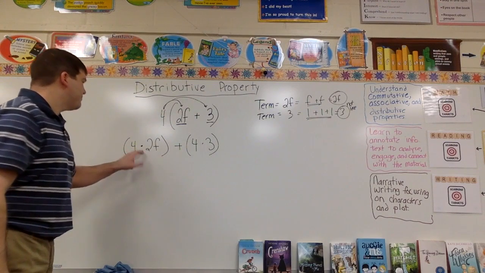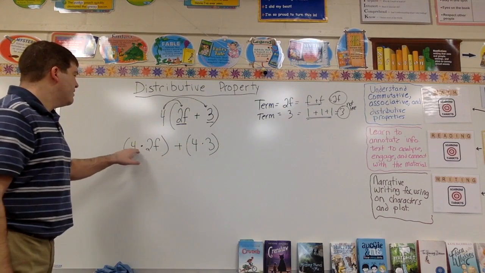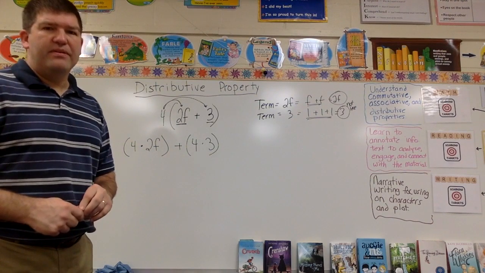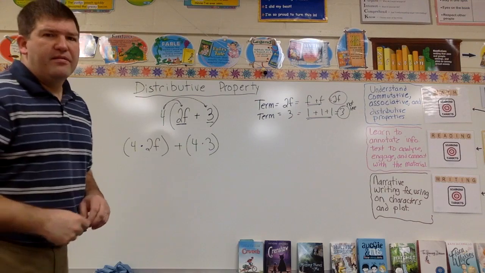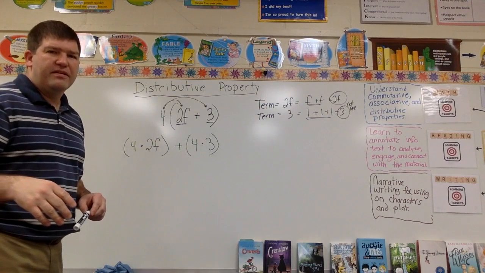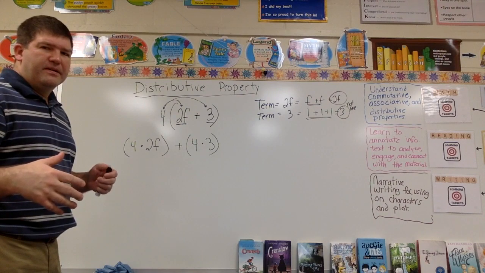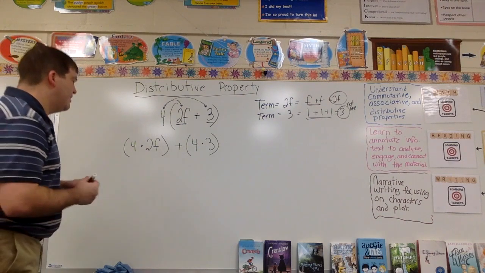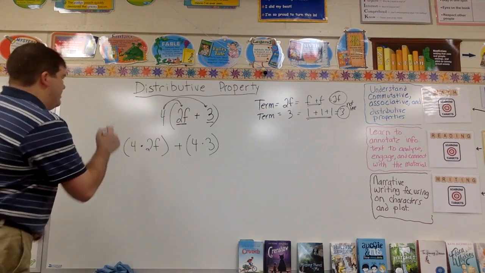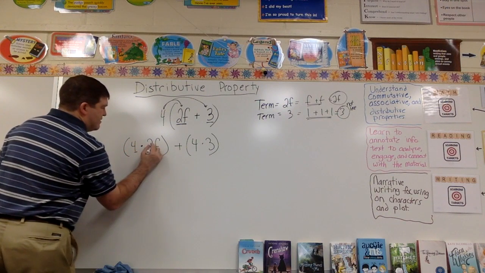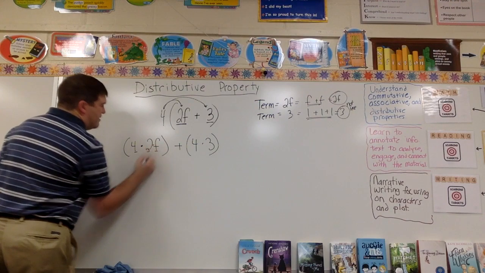Here's the tricky thing. So 4 times 2f, I can always do that because of the multiplication property that says this is also multiplication.